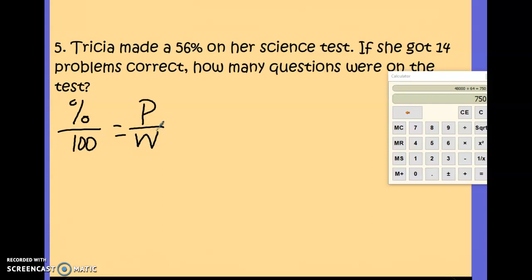Our percent, it tells us, is 56%, so 56 out of 100. It's asking how many are on the test, so that's our whole. Our part is 14, the number of problems she got correct. Sorry, I said that backwards.